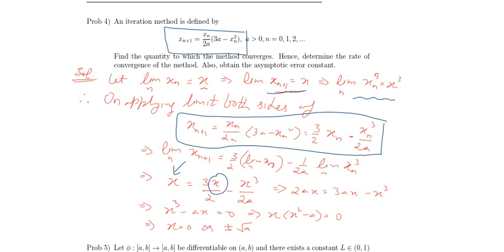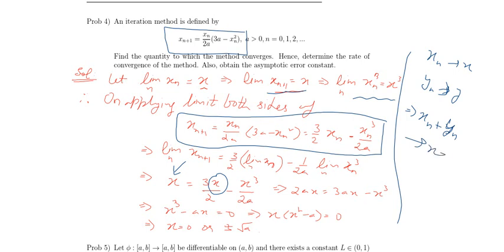You know that if xn converges to x and yn converges to y, then xn plus yn converges to x plus y. This is only true when both converge.